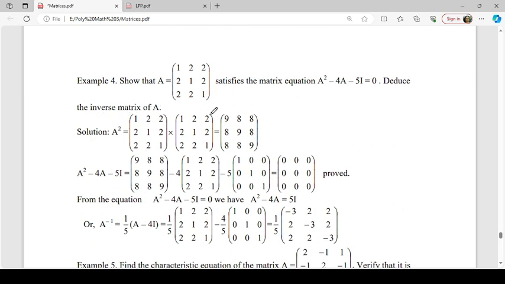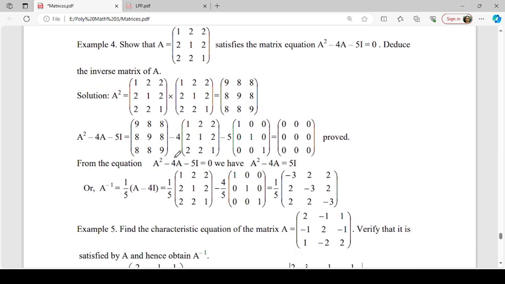Deduce the inverse of the matrix; this is also a way to find the inverse. So this is the matrix equation, and this is 0. From this we get A square minus 4A is equal to 5I. Then what is A inverse?